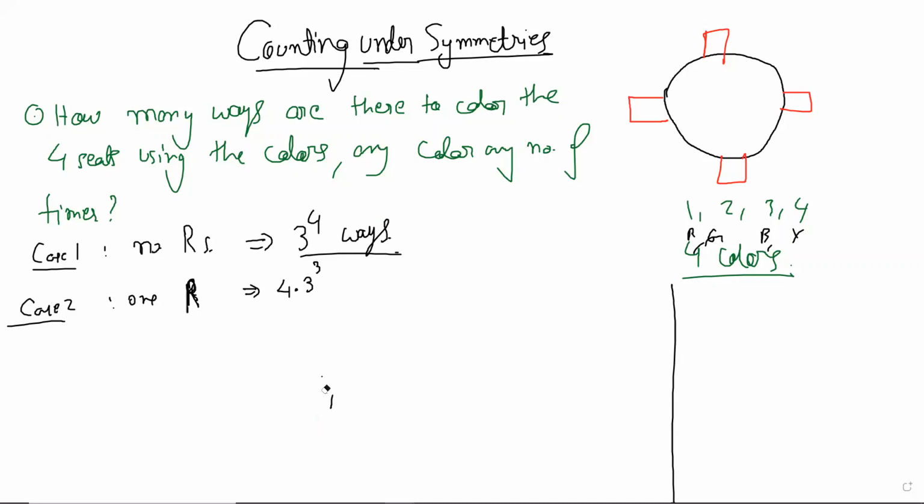This itself will exhaust all the cases, but you don't need to do it like this. You can just say that for every place you have 4 choices. So the answer is 4 to the power 4. This is quite a straightforward question, no?